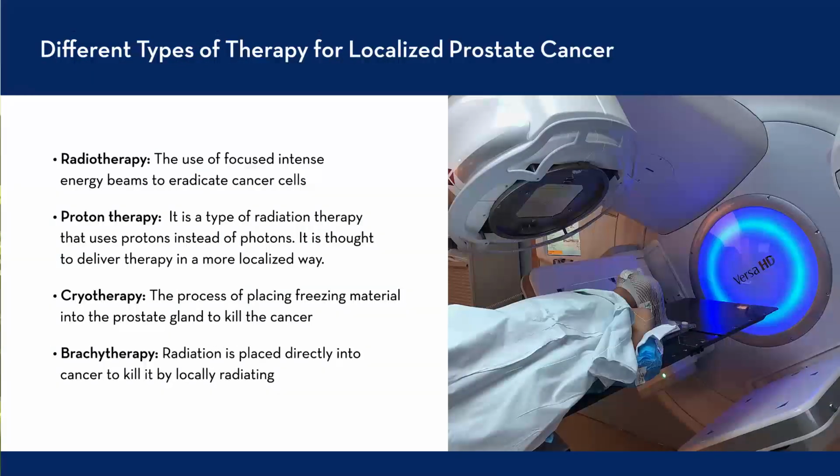Other approaches for localized prostate cancer include radiotherapy, so the cancer can be radiated with external beam radiation or other approaches. External beam radiation is the approach of applying X-rays, which are basically high-energy photons, which are focused on the prostate gland.